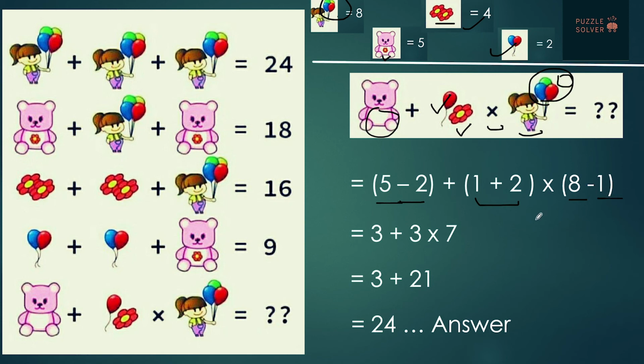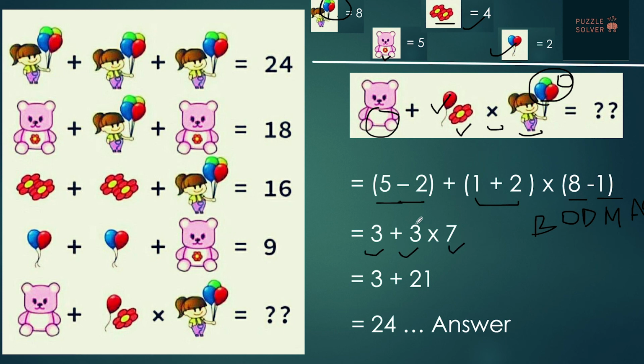Now according to the BODMAS rule, we first have to solve brackets, then order, then division, then multiplication, and then addition and subtraction. So first we have to solve these brackets. When we solve the first bracket, 5 minus 2 is equal to 3, 1 plus 2 is equal to 3, and 8 minus 1 is equal to 7.